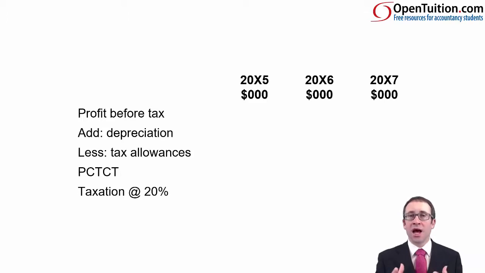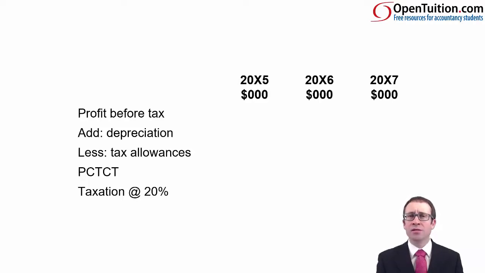Or it's disallowable. So we add back the depreciation, and we substitute it with the tax authority's version of depreciation, which is your tax allowance, or in the UK we refer to it as capital allowances. If you add the depreciation to PBT and deduct the tax allowance, you get to PCTCT.